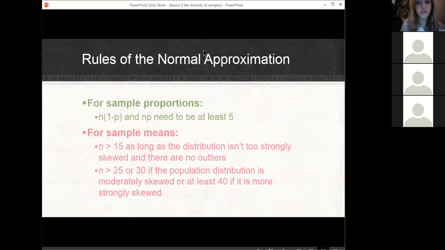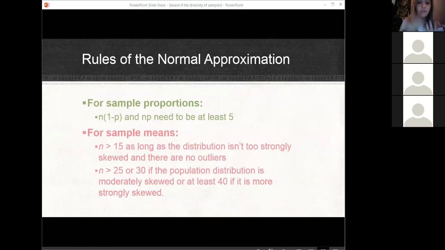Okay, so rules of the normal approximation. So this is basically saying when we have something that's normally approximated, there's certain rules that we do have to follow in order for it to make sense. So for example, the main point here too is that our normal approximation does work better when the original distribution is close to a normal curve.